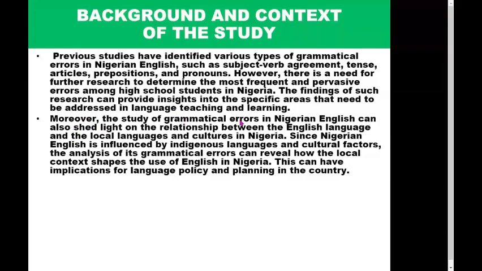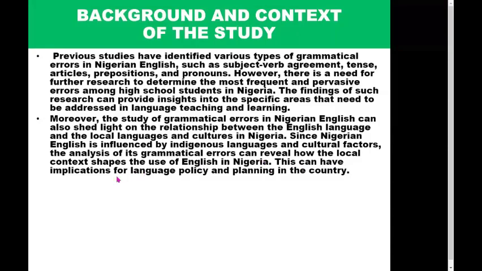Moreover, the study of grammatical errors in Nigerian English can also shed light on the relationship between the English language and the local languages and cultures in Nigeria. Since Nigerian English is influenced by indigenous languages and cultural factors, the analysis of its grammatical errors can reveal how the local context shapes the use of English in Nigeria.